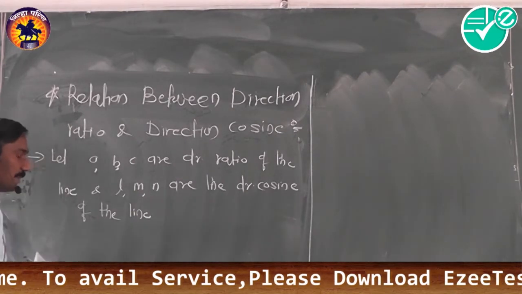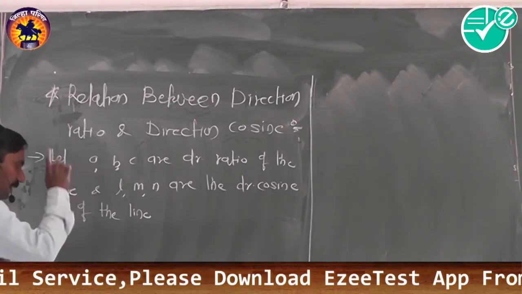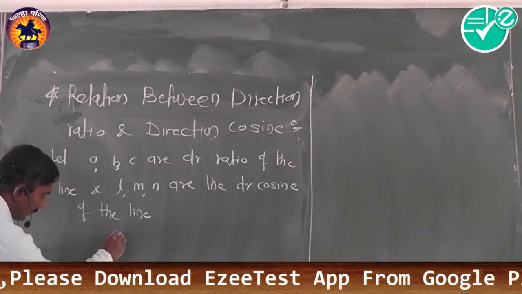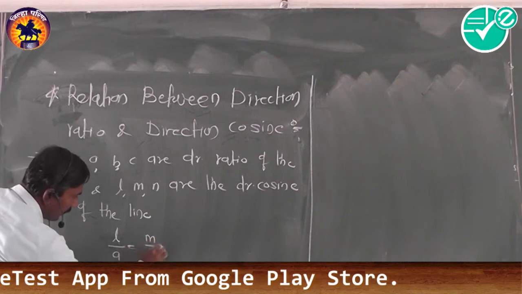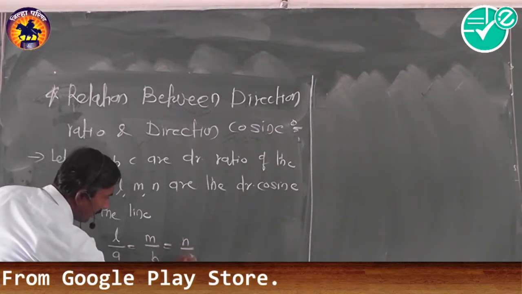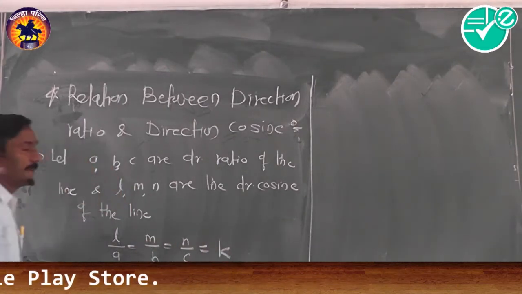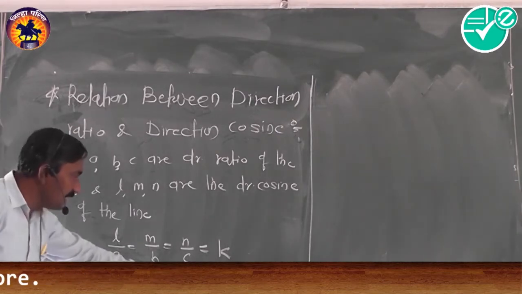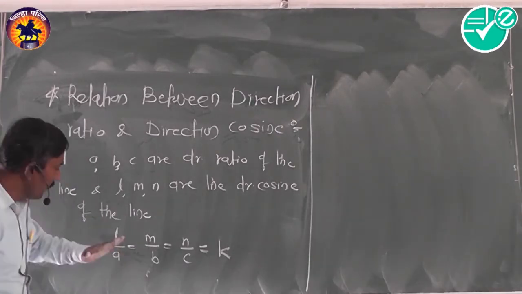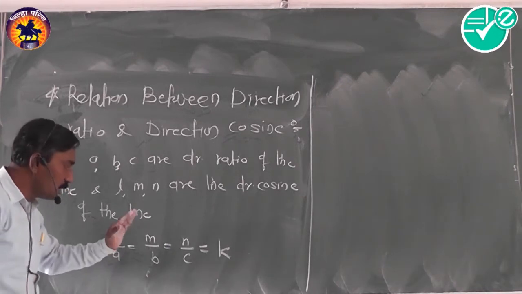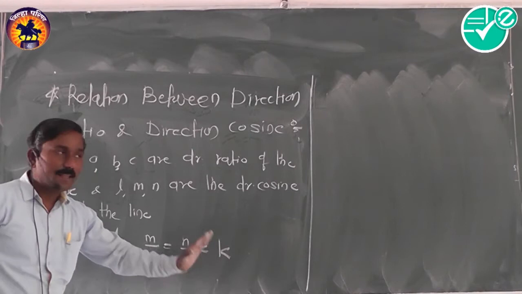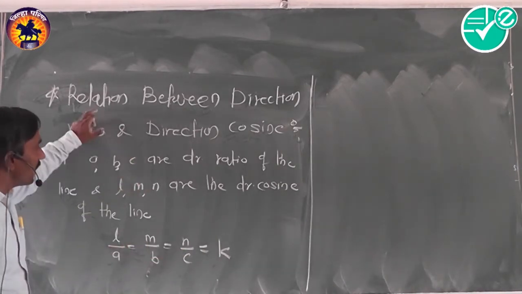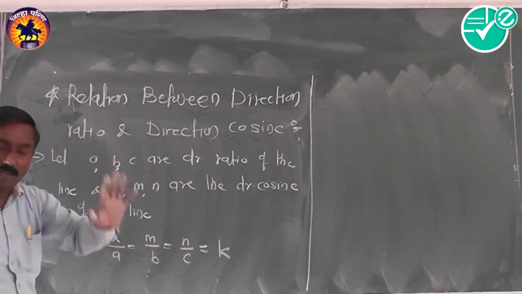If L divided by A, M divided by B, N divided by C is equal to K, then A, B, C are called the direction ratios of that line.